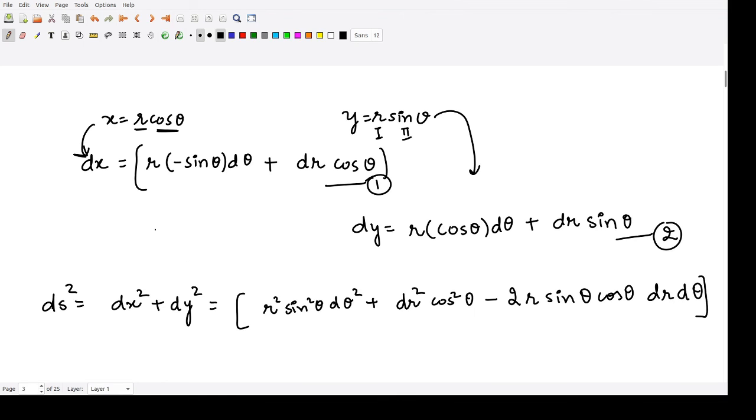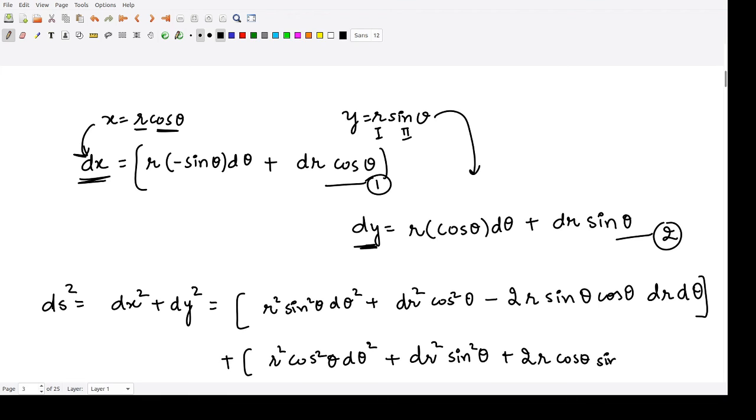This is the square of the dx term, and then we can square the dy term as well. The square of first term would be r square cos square theta d theta square. Then the square of second term would be dr square sine square theta, and then plus 2 times first term into second term, so 2 times r cos theta sine theta dr d theta. This is the quantity that we obtain.